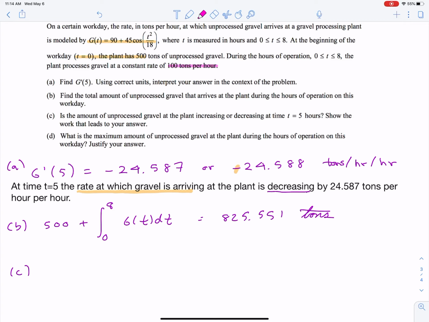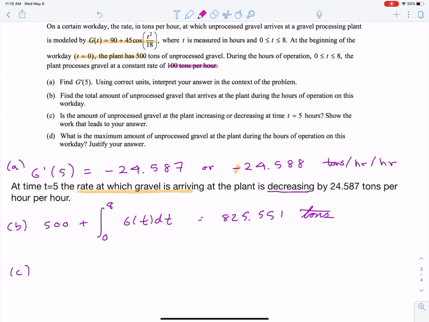So for example, if 110 tons per hour of gravel are entering the plant at time t equals 5, but 100 is being processed, then 110 is larger than 100, therefore that amount would be increasing.